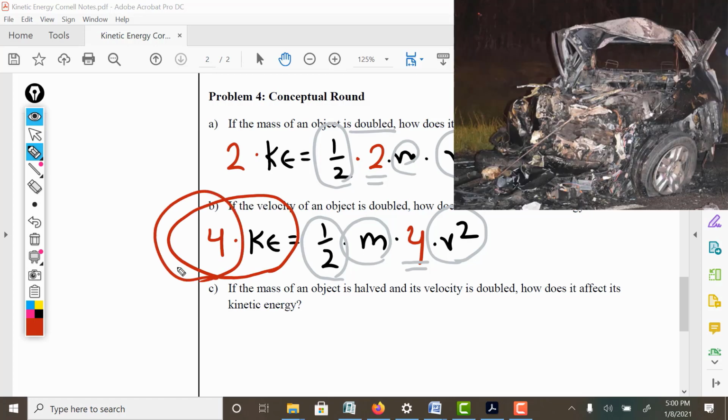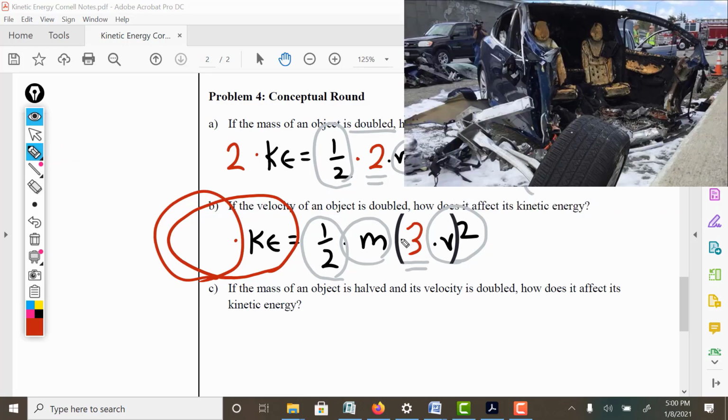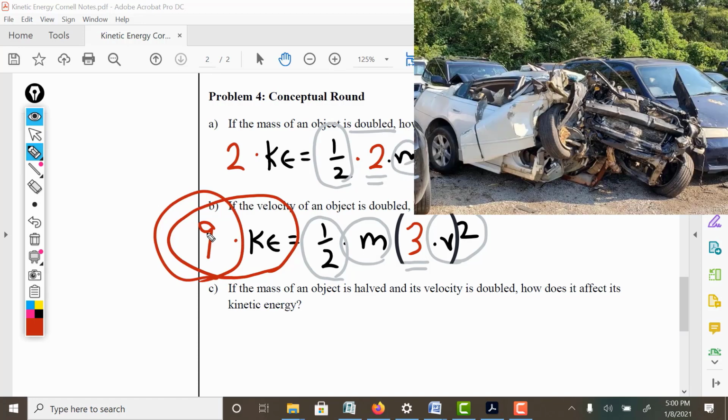It'll be 4 times the amount. What if you were to triple your speed? So rather than going 30 miles per hour, you're going 90 miles per hour. You would end up having 9 times the impact energy when you collide with an object.